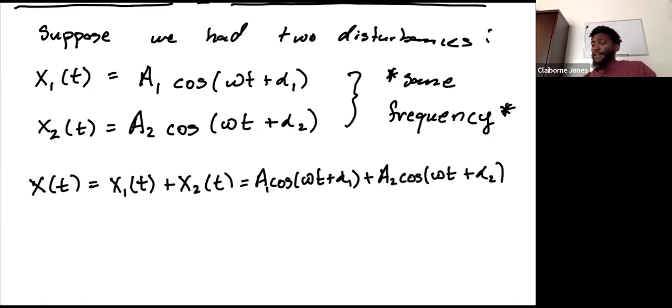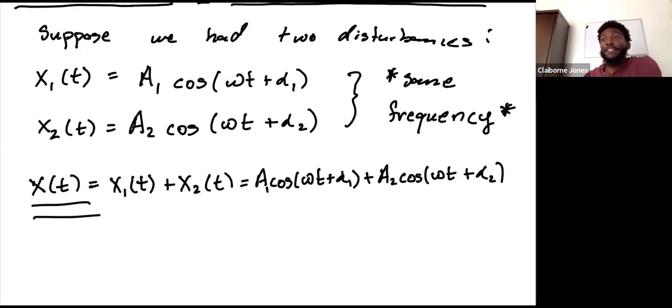That is what we're going to guess the description of the resultant wave x of t would be. Now remember I told you that when we have the violins playing, and let's say one of the violinists played some sound.